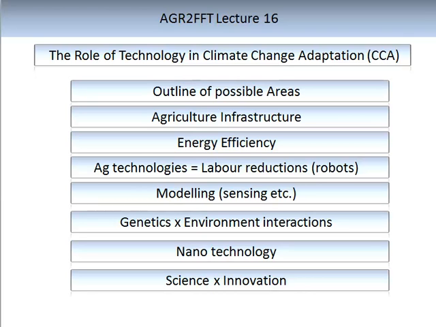I'm going to look at agricultural infrastructure and technology, energy efficiency, agricultural technologies that enable labour reductions such as robots, modelling and sensing, which we've touched on extensively in the last two topics, genetics and environmental interactions, which we've also begun to explore in previous topics in this subject, nanotechnology, and, importantly, science and innovation.